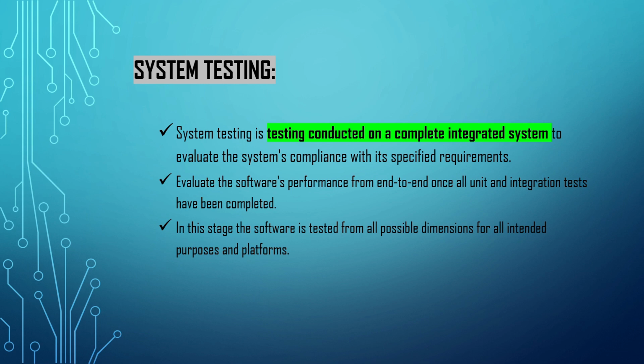How it behaves as a system, evaluating the software's performance from end to end, once all unit and integration testing has been completed. So this is the third stage of testing, where you are already done with your integration and unit testing.